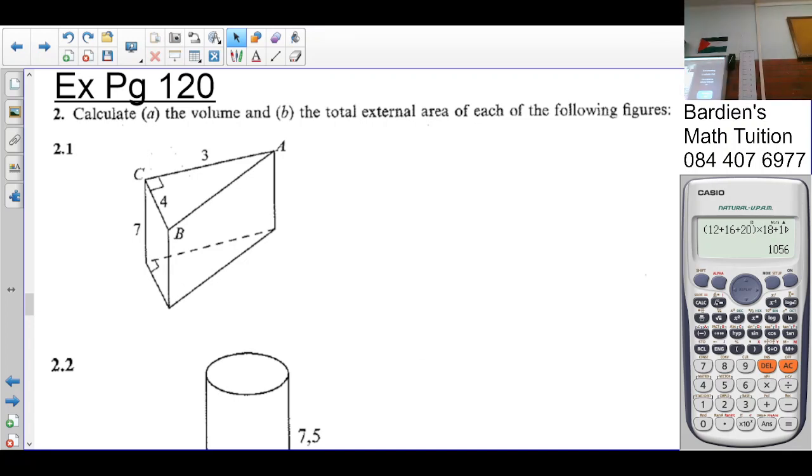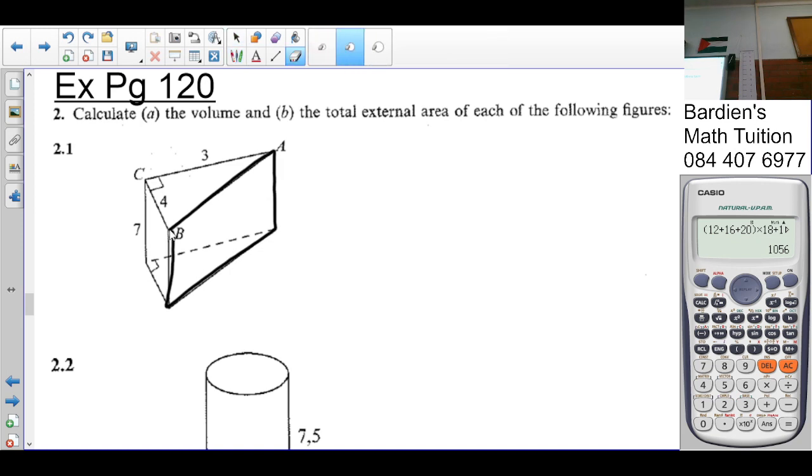So is that the base of the shape? Yes. You must remember, the thing that we choose to be the base, the top and the bottom must be the same. So we can't choose this one here to be the base. It won't conform to our formula. Can you see that? Yes.